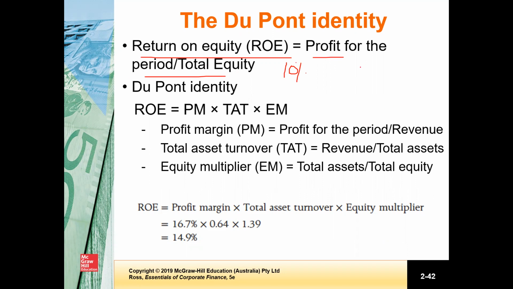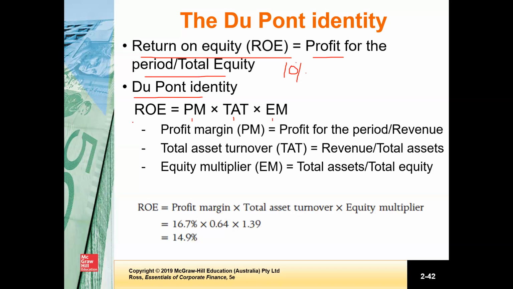Now, this DuPont identity is a popular expression of ROE, I mean return on equity. And return on equity can be expressed as a product of three different ratios. Okay, so profit margin, total asset turnover, and equity multiplier.